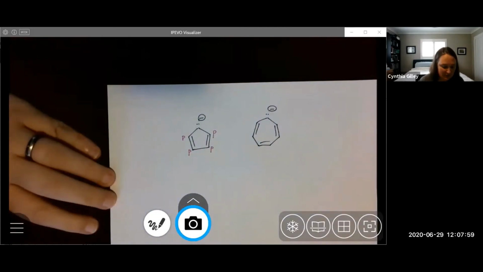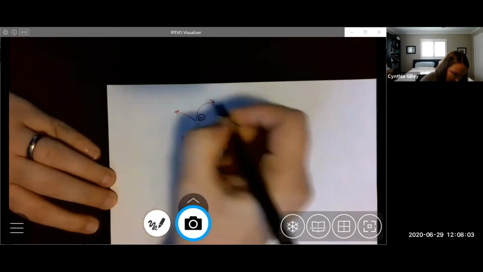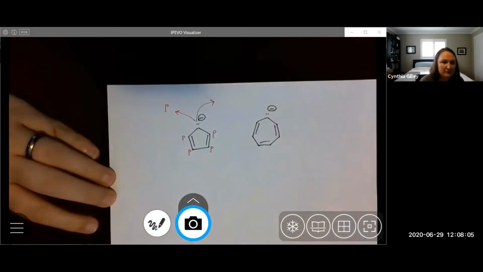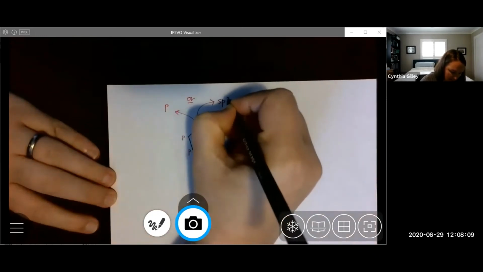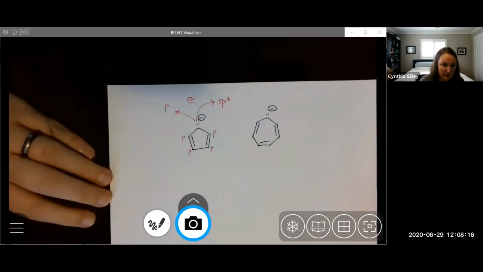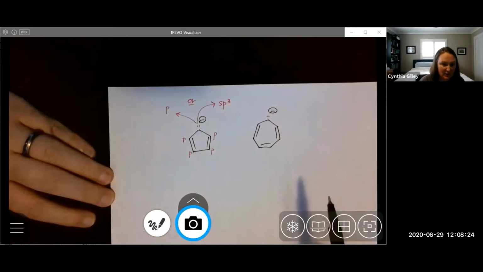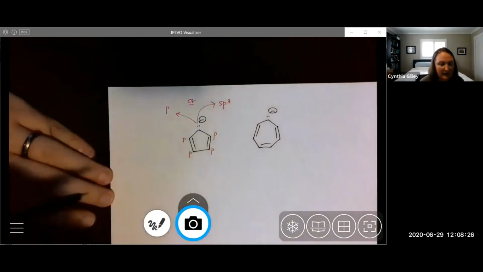It's possible that this lone pair is either going to be in a p orbital or it's going to be in sp3. And we don't know which one. We have to figure that out. So if it goes into a hybridized orbital, this would be non-aromatic.